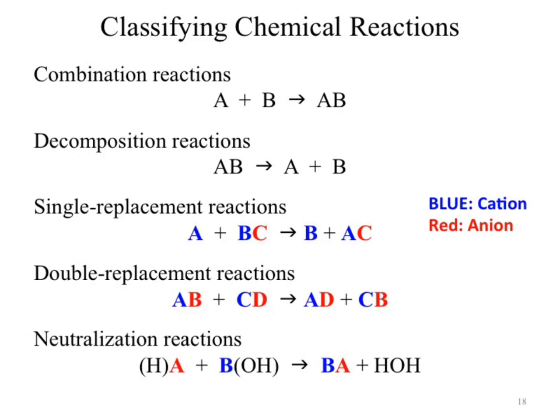Single replacement reactions. Okay? These get a little bit trickier, or now that we move into the single replacement, double replacement, and neutralizations, those get a little bit trickier to work with and predict. Okay? I'm trying to color code. Blue is our positively charged species, or can be a positively charged species. Red is our negatively charged species, or can be our negatively charged species.